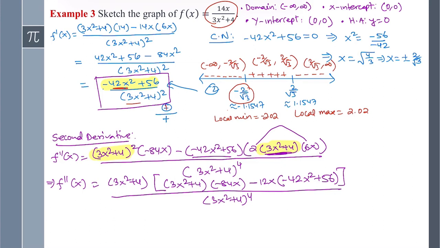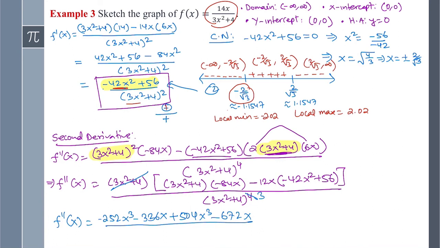Now what we can do here is cancel one of these factors, so we get f double prime of x equals, if we multiply, negative 252x cubed minus 336x plus 504x cubed minus 672x, divided by 3x squared plus 4 cubed.